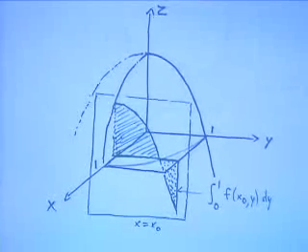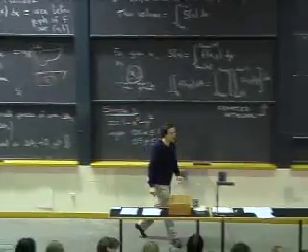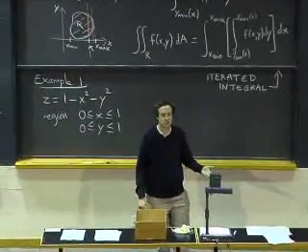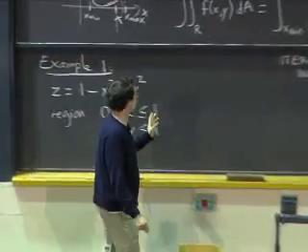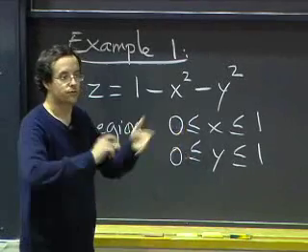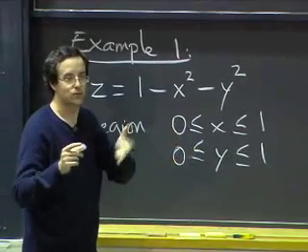And here, of course, setting up the bounds will be easy because no matter what x I take, y still goes from 0 to 1. It's easiest to do double integrals when the region is just a rectangle in the xy plane, because then you don't have to worry too much about what the ranges are.